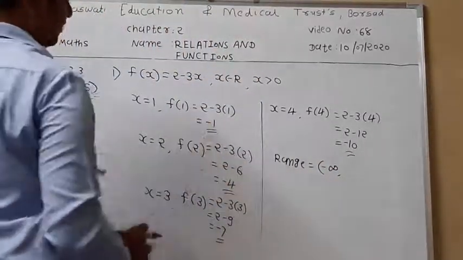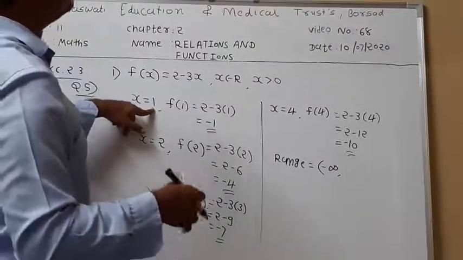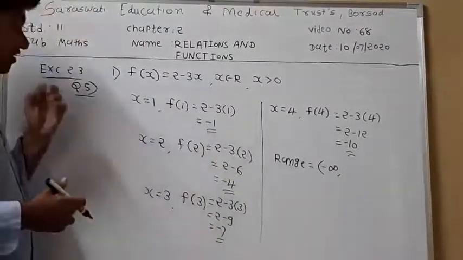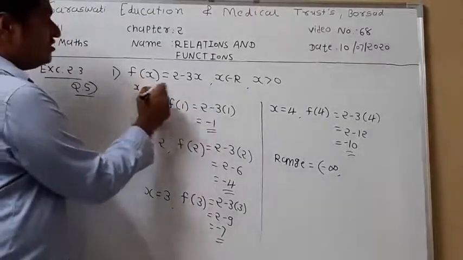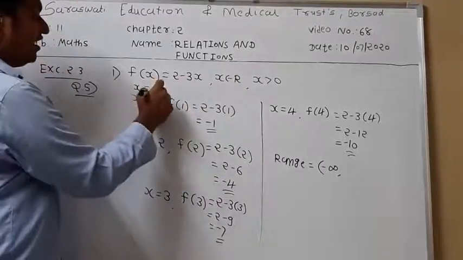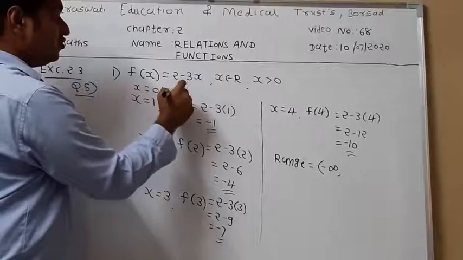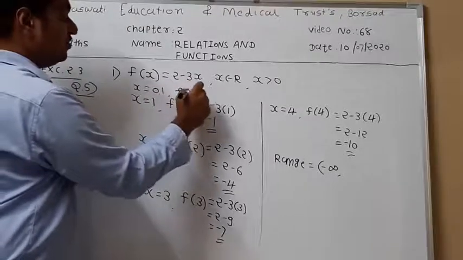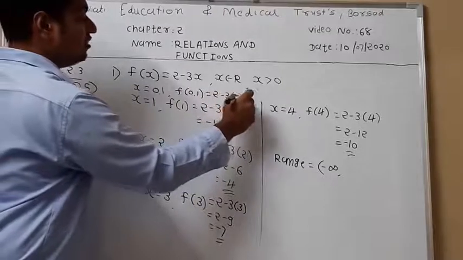Also, we can suppose we substitute 0.1, because the condition is present x belongs to R. So x is equal to 0.1. So f of 0.1 is equal to 2 minus 3 into 0.1.